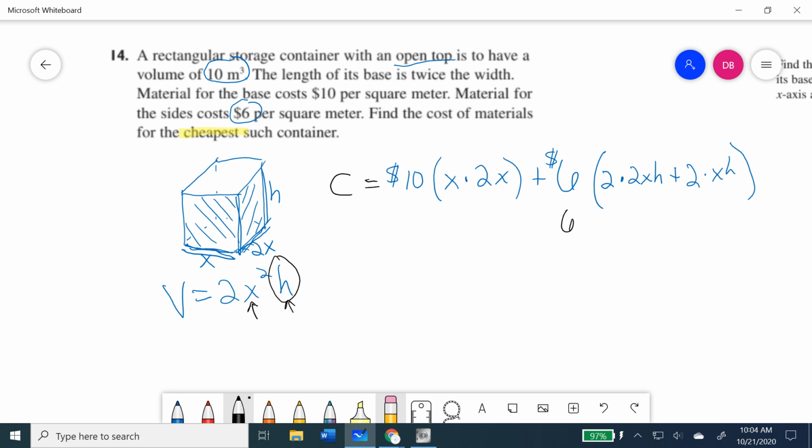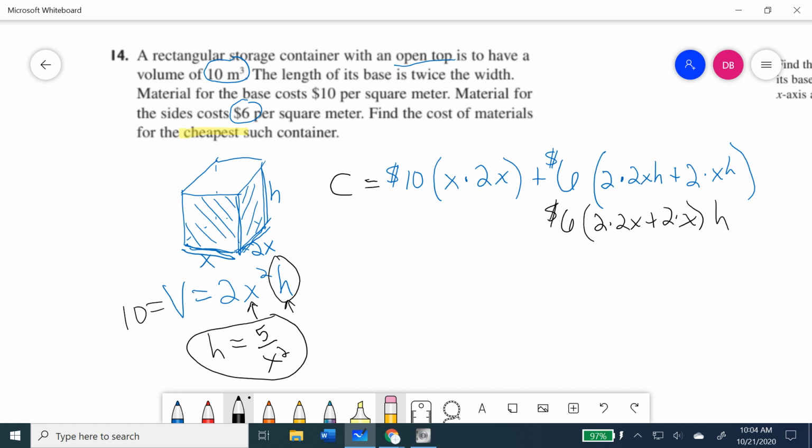So I have $6 times 2 times 2x plus 2 times x and then times the h. And the volume has to be 10, so that means that if I divide 10 by 2x squared, I will get 5 divided by x squared.